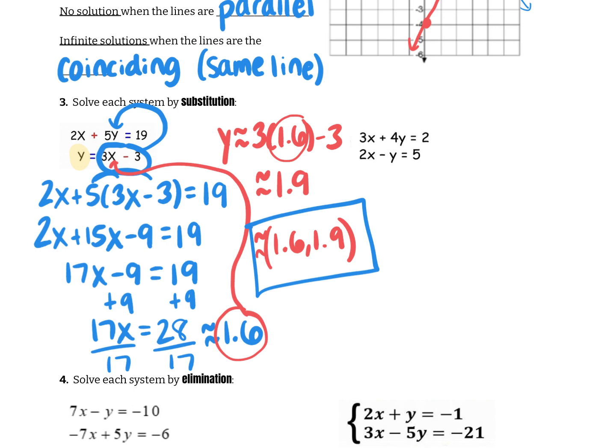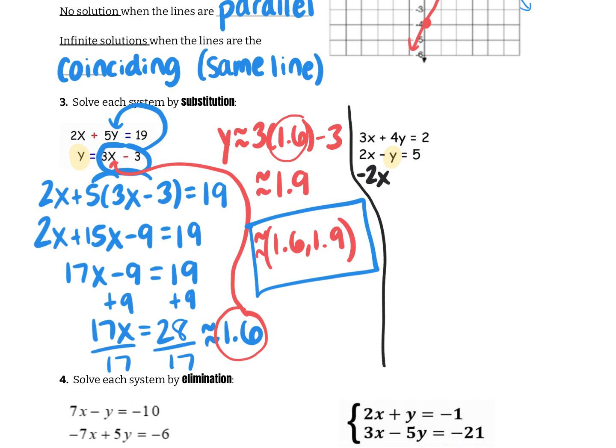So remember, you want to look at both equations and find the variable that's easiest to isolate, which in this case is this y, because it doesn't have a coefficient. So I'm going to solve for that y first. To solve for that y, I want to first move this x.